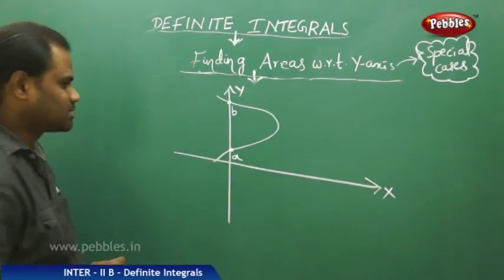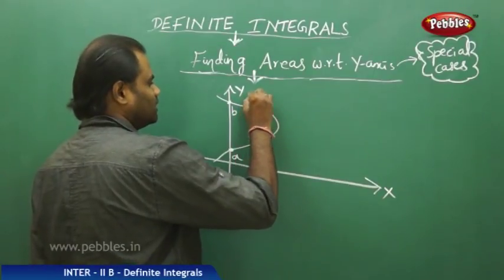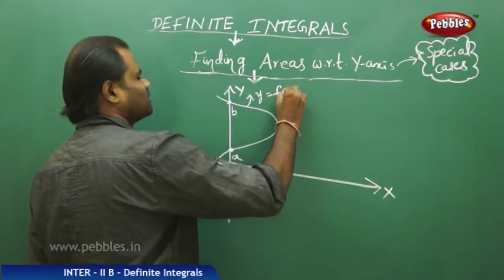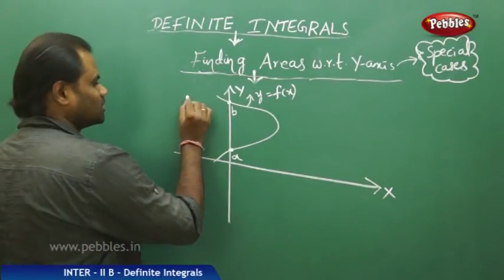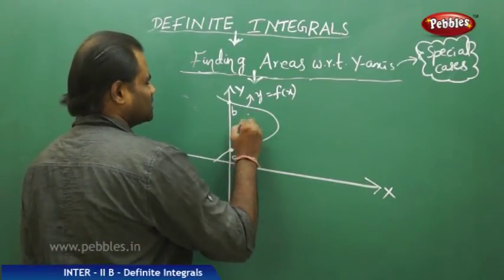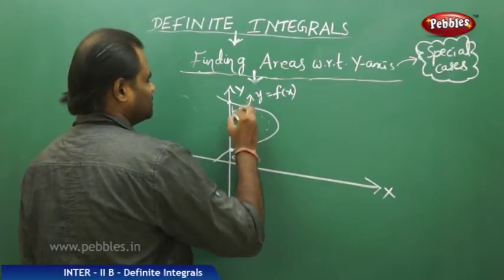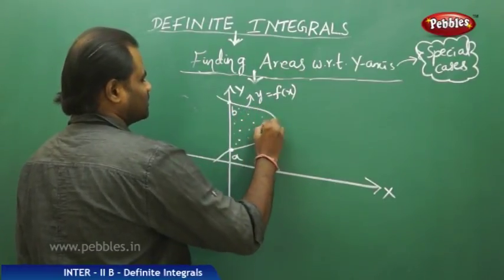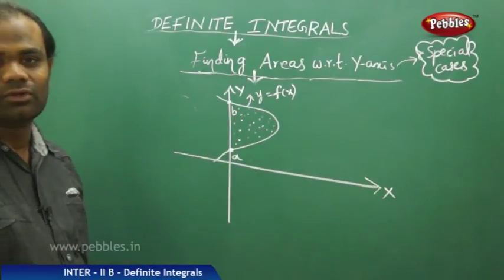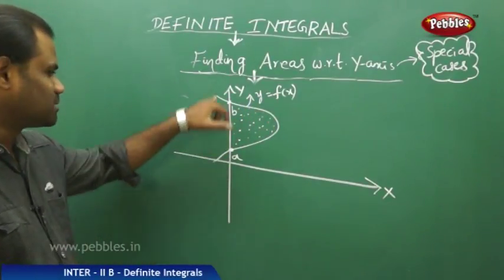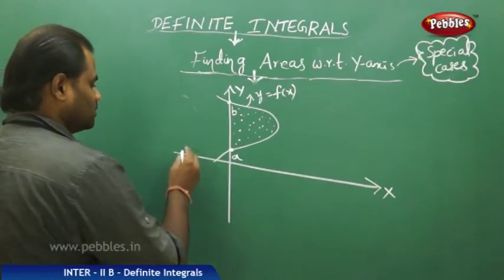So in this case, for the curve y equals f of x or x equals f inverse y, let's see what the area of this shaded region is. We see that there are no lower and upper bounds given, but the intercepts will decide the lower and upper limits.